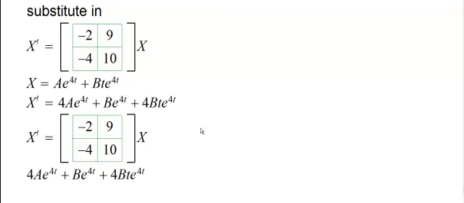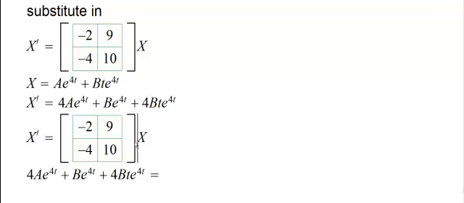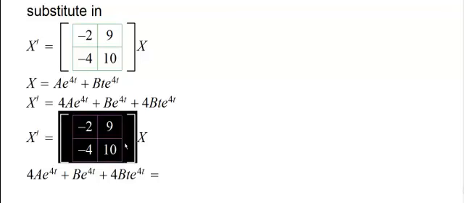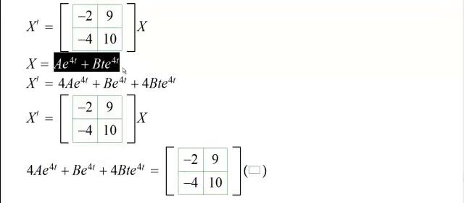This is my left hand side, right? And what is the right hand side? I got this matrix, I'll multiply that with this, right? Everybody fine? So this has to equal this matrix times all these guys, right?